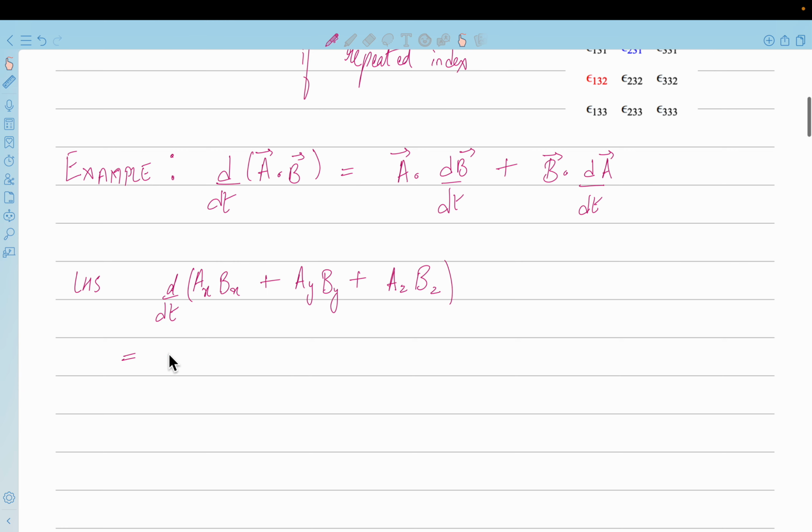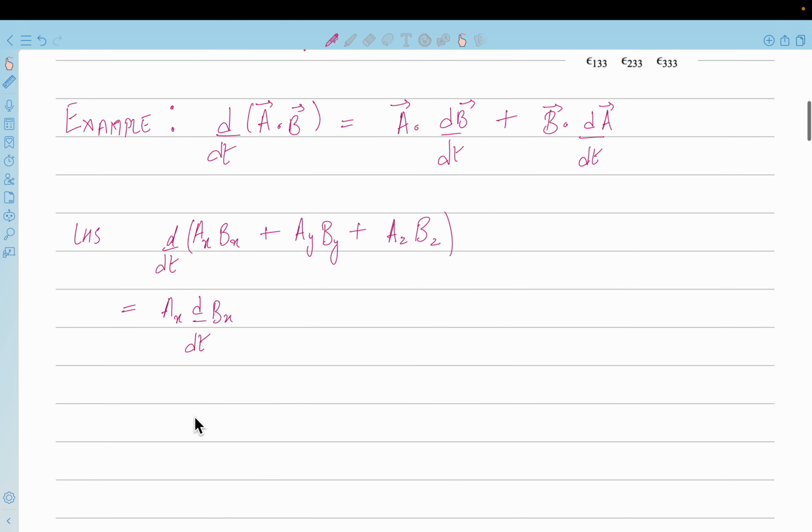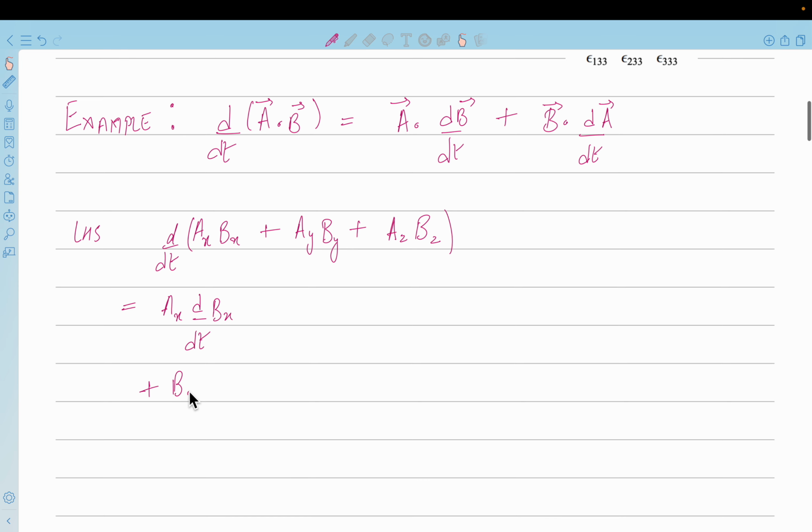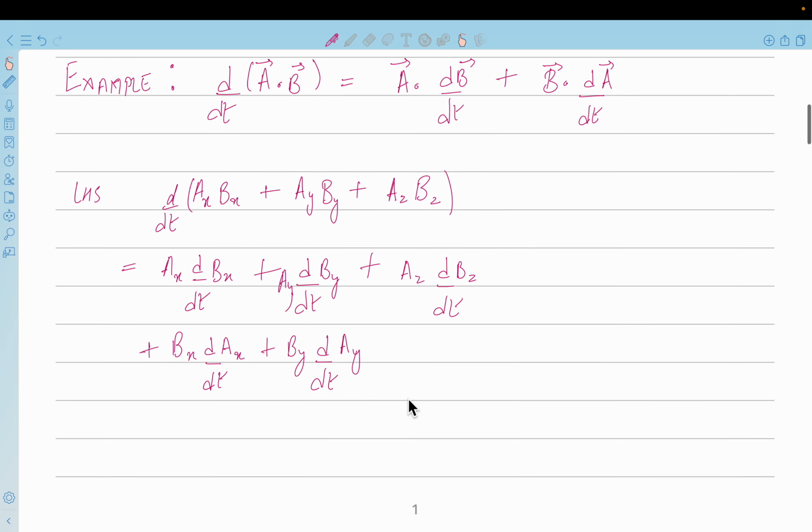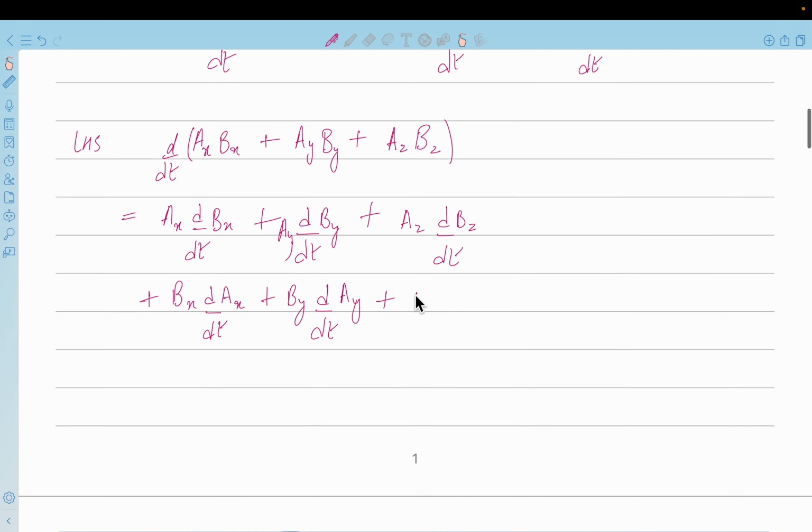So the chain rule says that first you take ax out, d by dt of bx, and the other term will be bx out, d by dt of ax. Similarly, chain rule applied on the second term. So you have ay staying out, d by dt of by, plus by staying out and d by dt of ay. Similarly, I take az out, d by dt of bz plus bz out, d by dt of az, right?